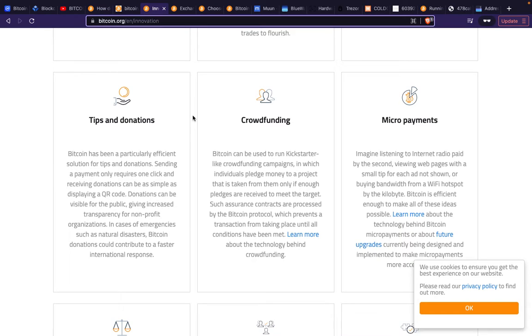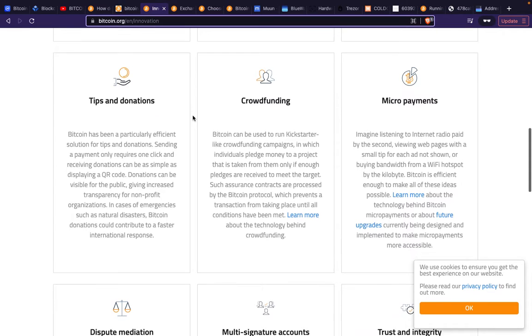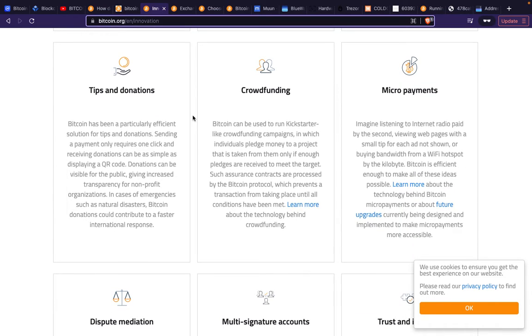So that's the thing here. If you want long term wealth, you put it in cold storage. But if you want a fast transaction, a quick payment for a cup of coffee, or tipping, you can use the Lightning Network, right?